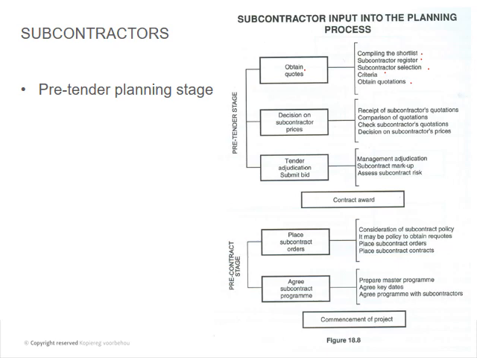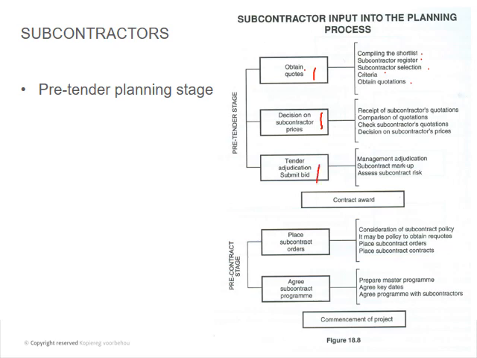Then they obtain quotes, make a decision on who they're going to use, and then use that information and put their markup on it. They put that amount into the bill of quantities that they tender on.